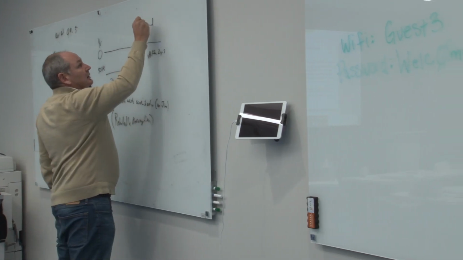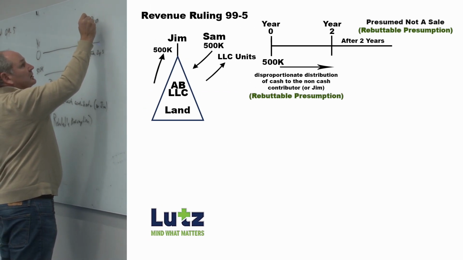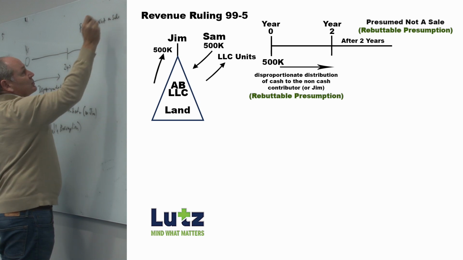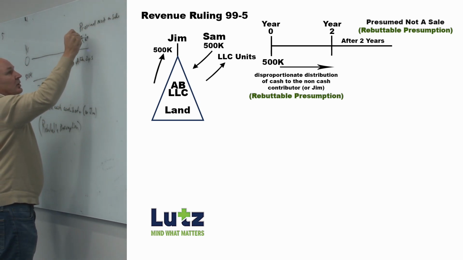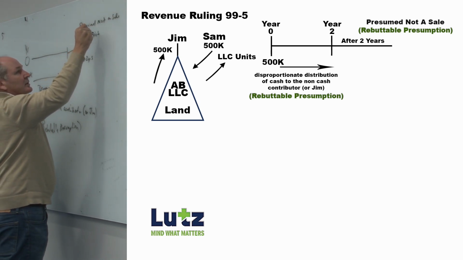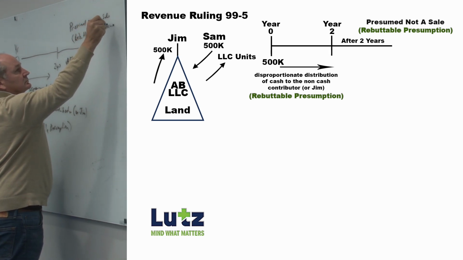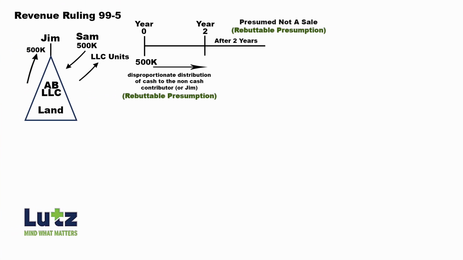So, after 2 years, presumed not a sale. But guess what? That is also a rebuttable presumption. So, what happens on 2 years and a day?